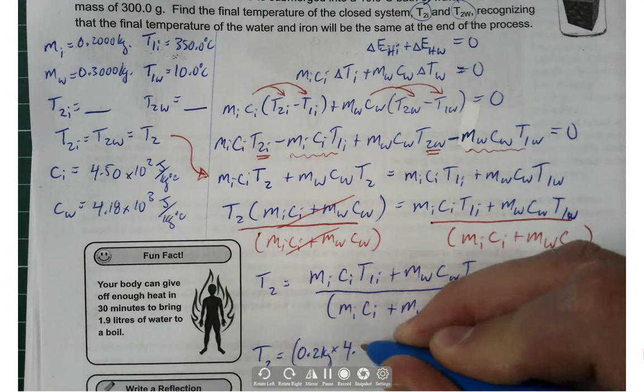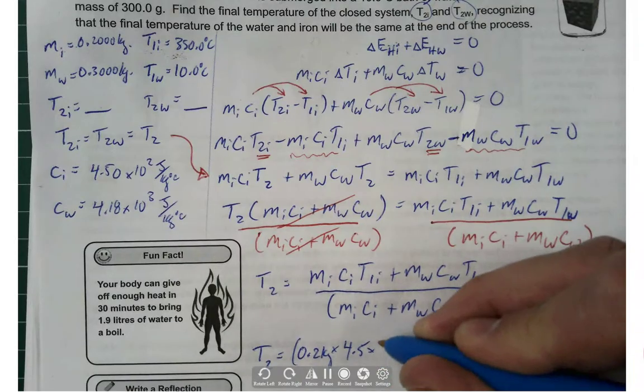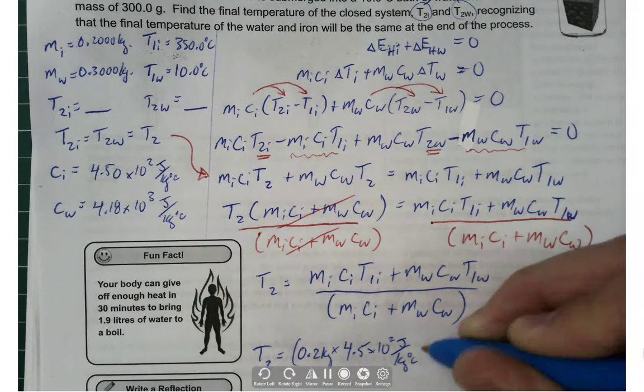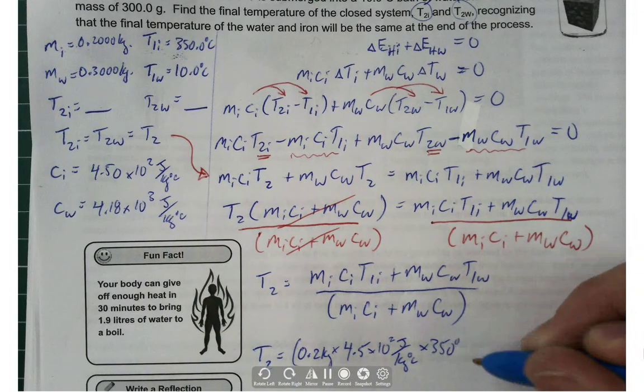And don't get your heat capacity of iron and your heat capacity of water mixed up. Oh my goodness. T1I was 350 degrees. That's some hot iron.